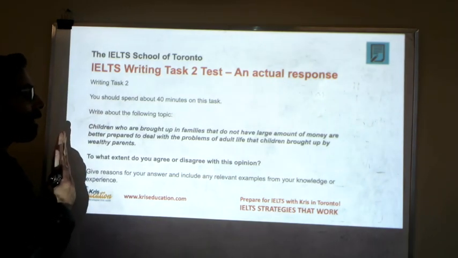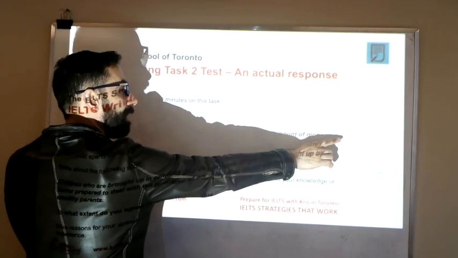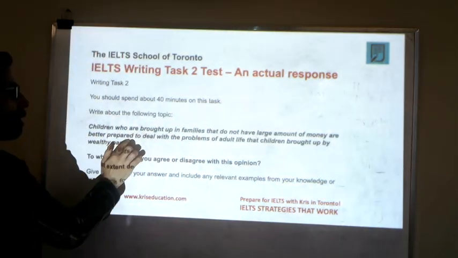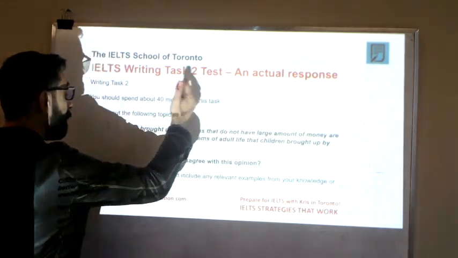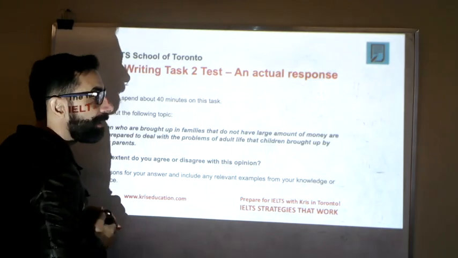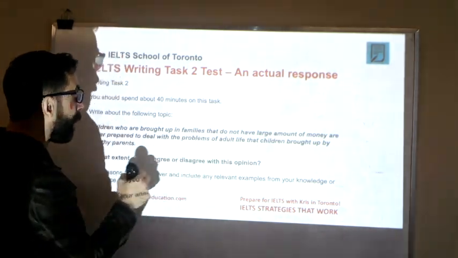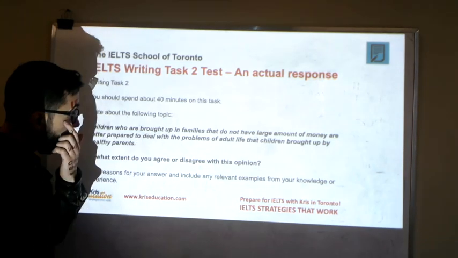Put the verb in front of the subject. So the verb is are better prepared. Then are is the verb. So put it here. Are children who are brought up in families that do not have large amount of money better prepared to deal with the problems of adult life?